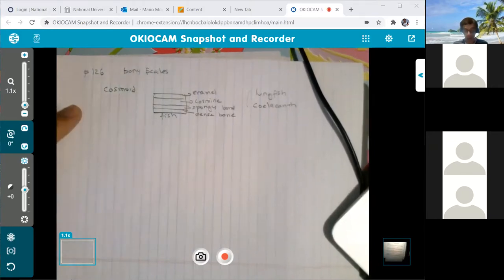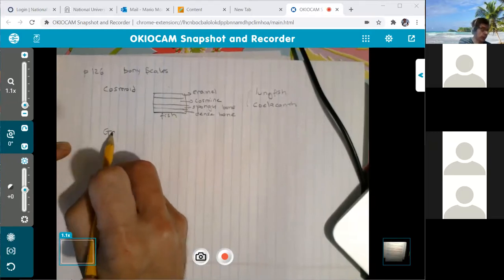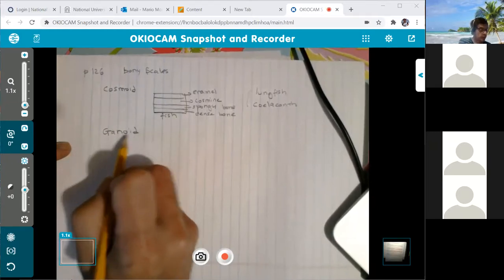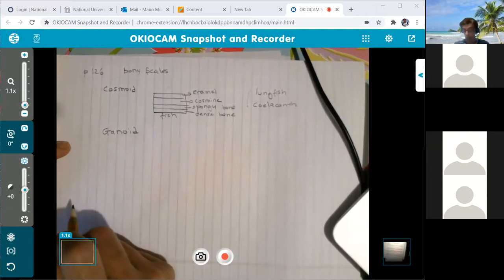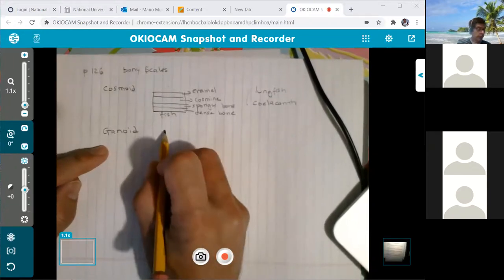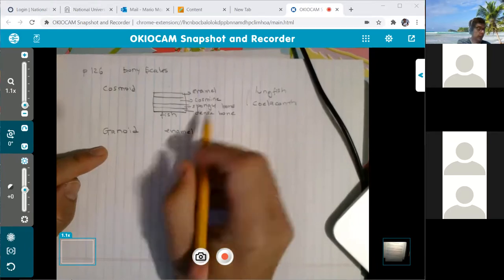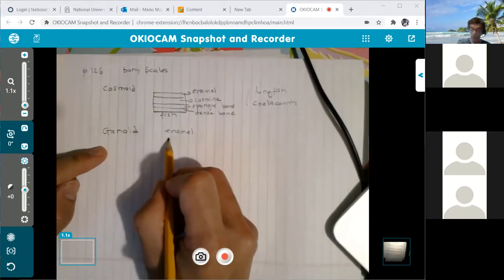That's cosmoid. The next one is called ganoid. That's scales, and it's very similar to this one. You have a layer of enamel, but instead of cosmine, you have ganoine.